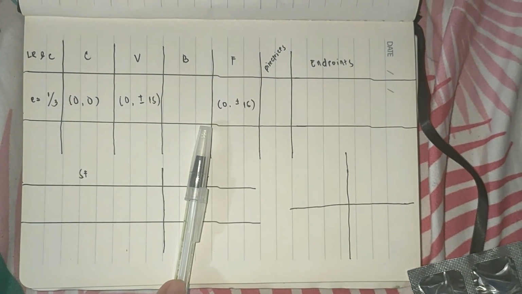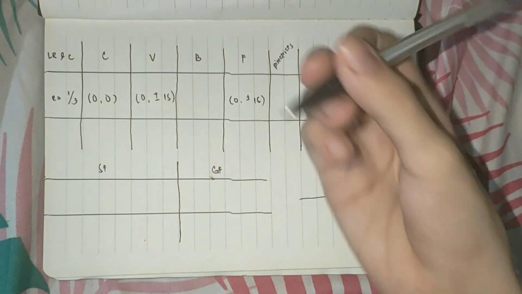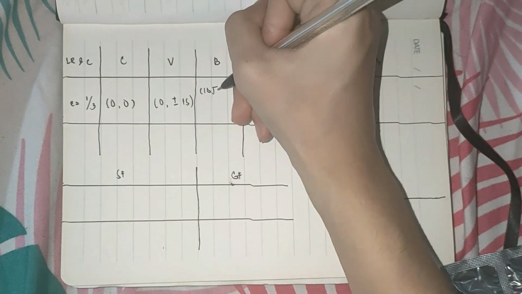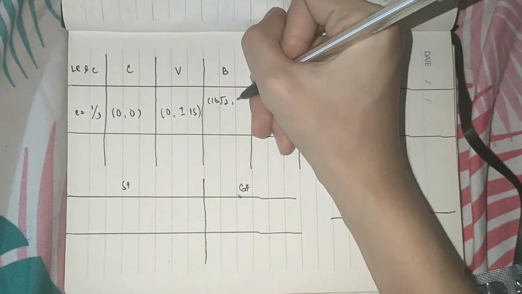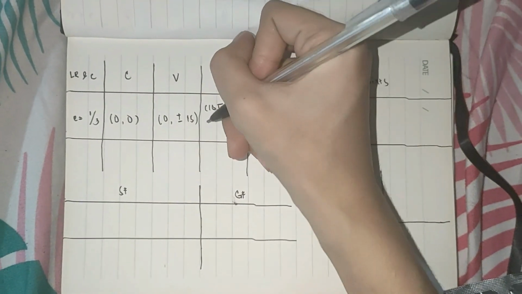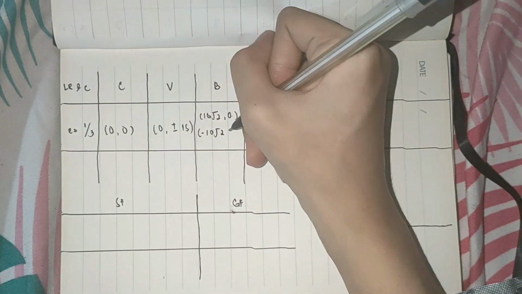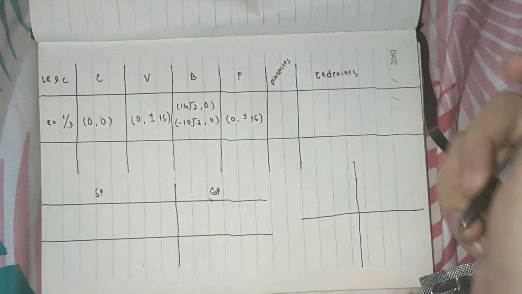Yung distance from the center to an end ay 10 square root of 2 and 0 at negative 10 square root of 2 at 0.